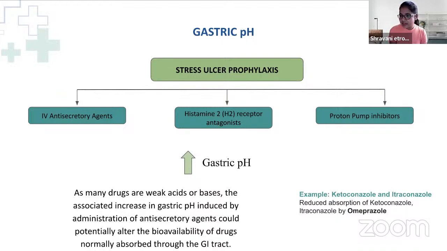So if the gastric pH is increased, the bioavailability of the drugs is potentially decreased. One such example is ketoconazole and itraconazole. The absorption of ketoconazole and itraconazole is reduced by omeprazole, because this will increase the gastric pH, and these two drugs require an acidic environment for optimal absorption through the GI tract.